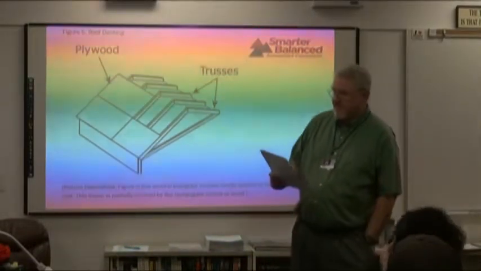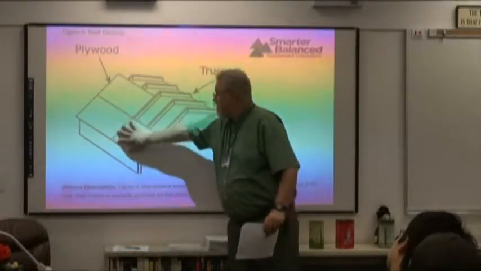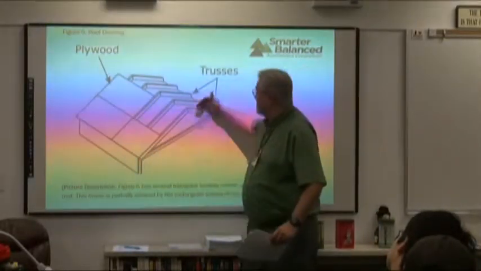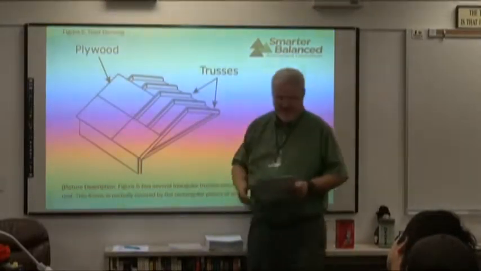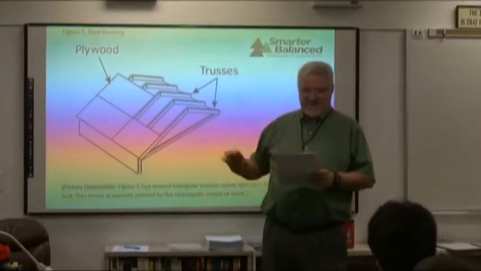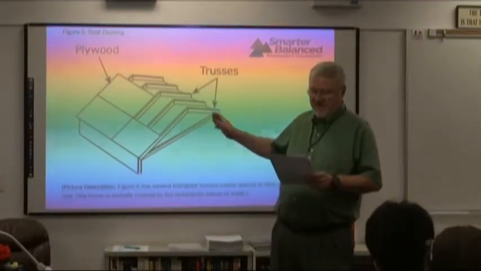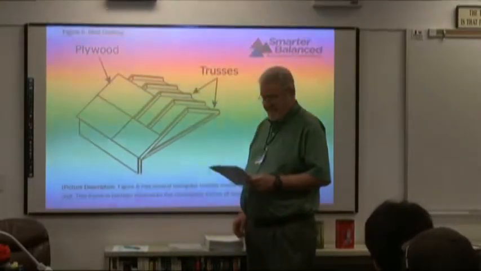When plywood is used to cover a frame, it is called decking. So there's the decking covering the frame, right? These are called what? Trusses, right? Okay, good. Okay, so once the decking is on the frame, the roofing material is added to finish the roof, okay?